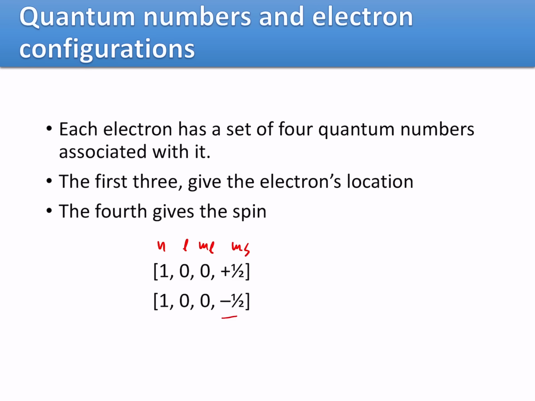These 2 electrons, electron 1 and electron 2, have these 3 numbers the same, therefore they are in the same orbital.